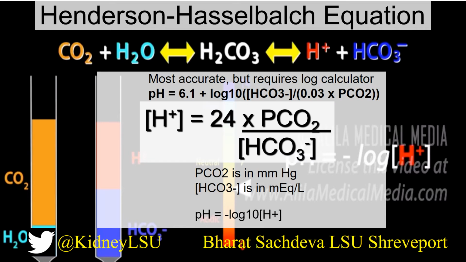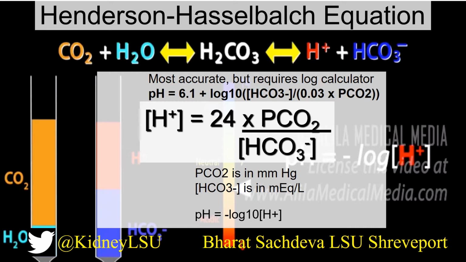If you simplify the equation, and this is what I want you to try and picture when you are dealing with a patient with an acid-base disorder, the hydrogen ion concentration in the blood is directly proportional to the PCO2.